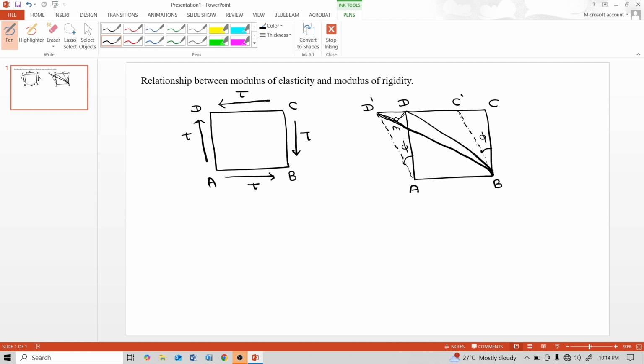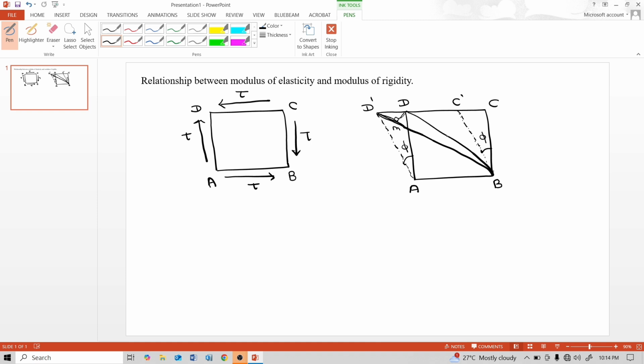Due to this tangential shear force, there is distortion in this cube. See this D dash. The original side is CD, and due to shear force, C dash D dash is the distortion. There is a change in length from D to D dash.